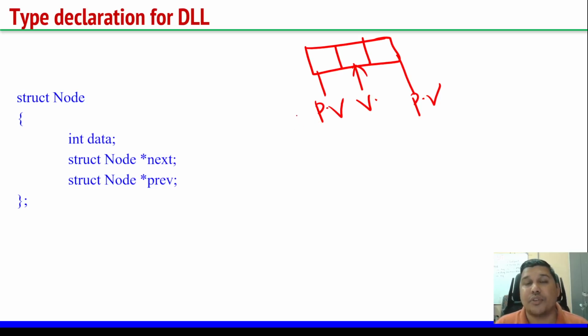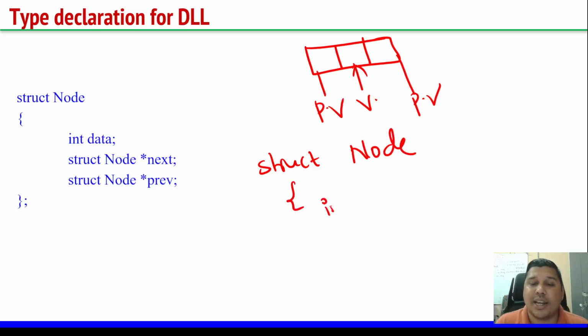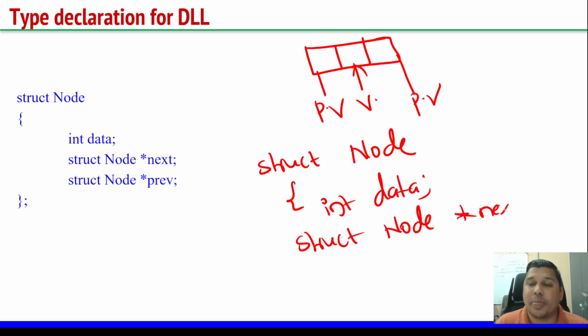What is the structure for a single linked list? If you remember, it is just a struct node. In this I have one element int data, and the next element will be struct node star next. Like this I will have only 2 variables here. One is the data part, the other is to store the address. Whereas in a double linked list you need to store 2 addresses.